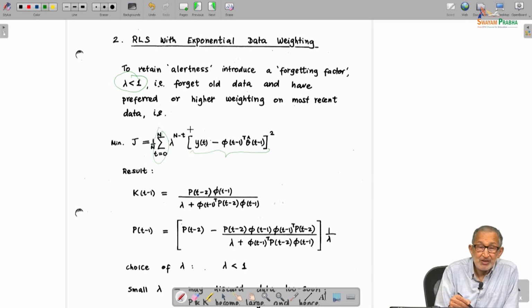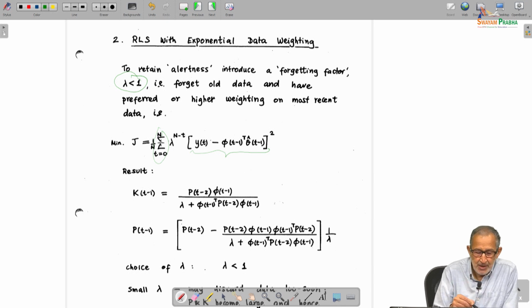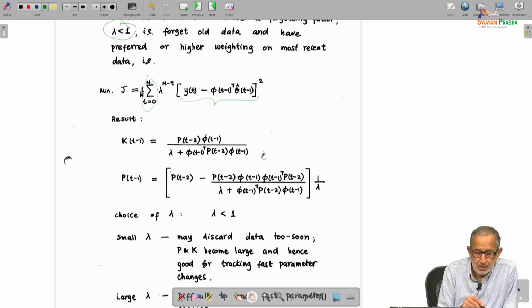The more recent values of the output and the corresponding prediction errors carry a slightly larger weight. So this term significantly helps. And when you do the minimization, the result is that the gain matrix K and the covariance matrix update are modified with the term lambda in the denominator here and here.